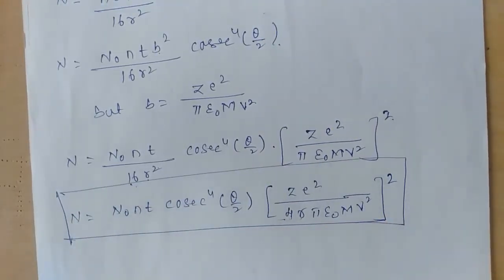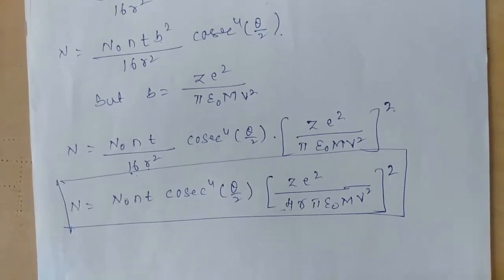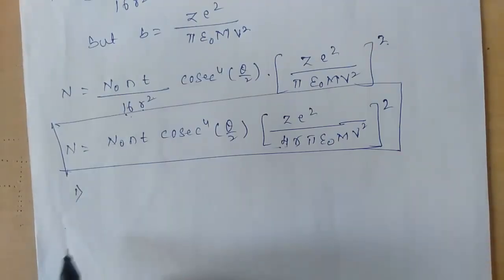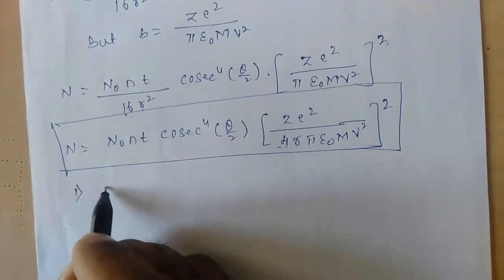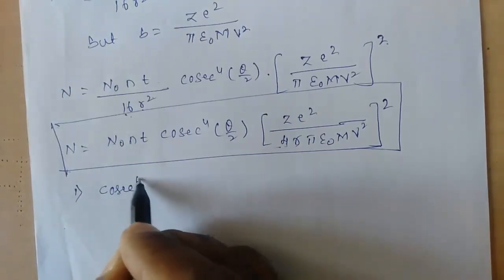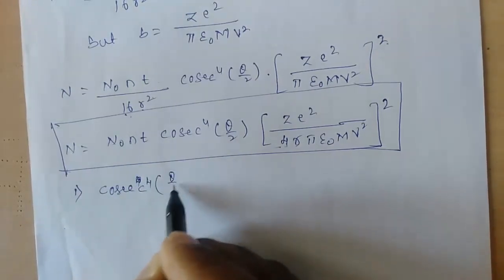This question appeared in the May-June 2019 examination, students. This scattering formula mainly depends on the following factors. It depends directly on cosecant to the power of 4 of theta by 2.